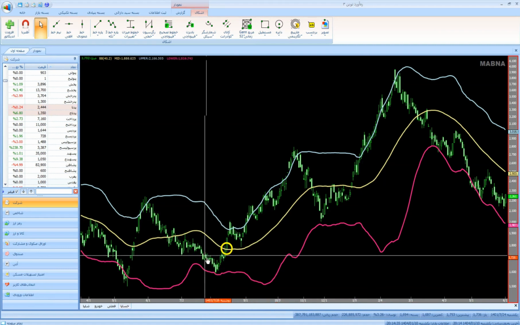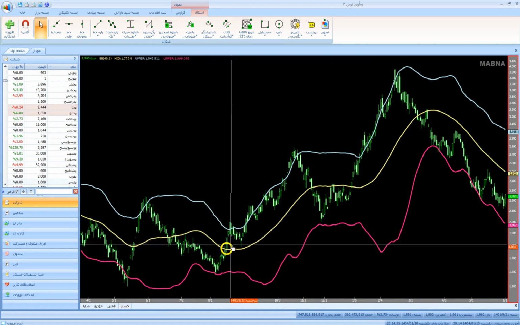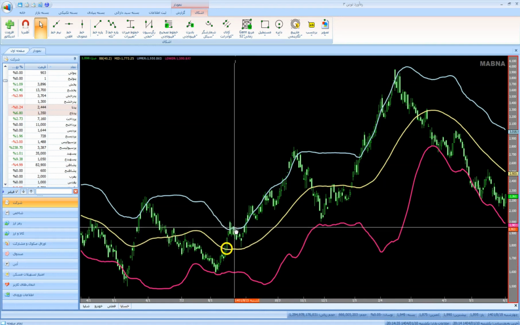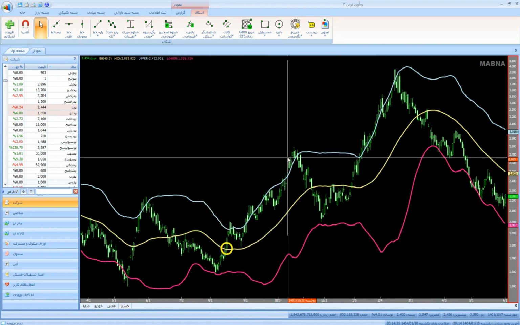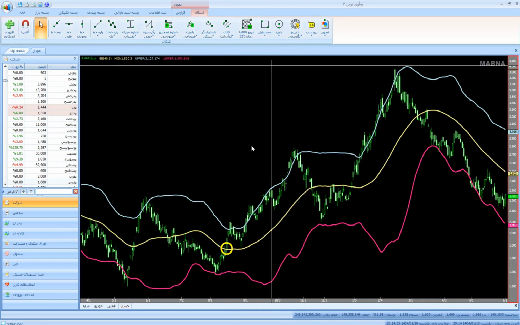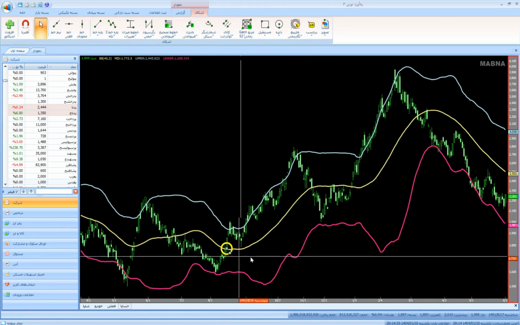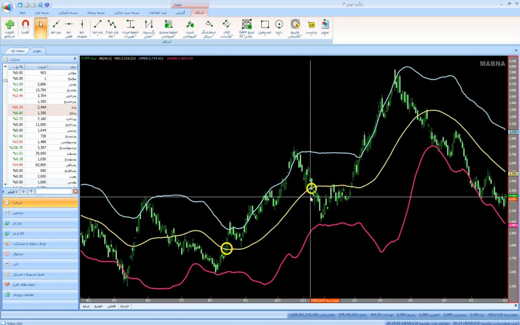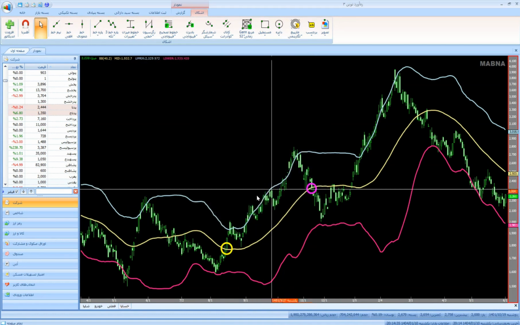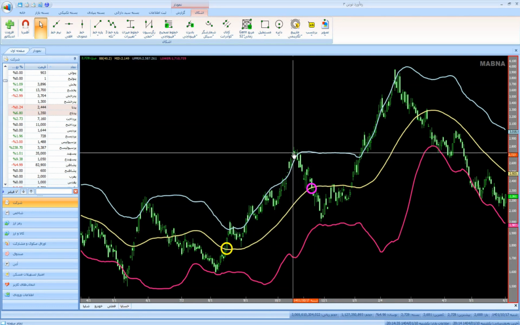So when the price chart cuts through the middle band from bottom to top, we witness a buy signal, and it ultimately moves up to the upper band. And when the chart cuts through the middle band from top to bottom, I consider it as a sell signal. I use this same circle. In this area, you see a sell signal for the stock's price chart. You might wonder why I didn't take a signal in this area to sell my stock.